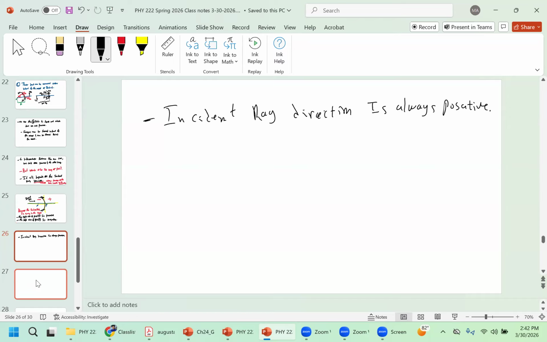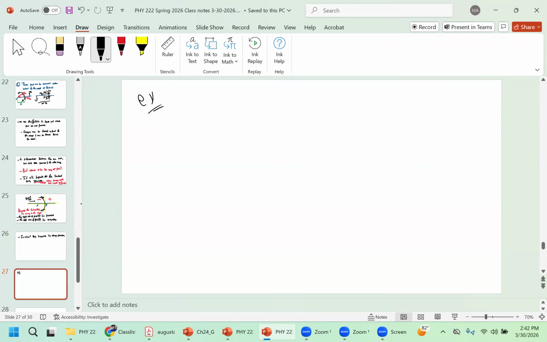So for instance, let's say this is my mirror. Let's say this is my P, my pole. Let's say this is F. And let's say my object is over here.